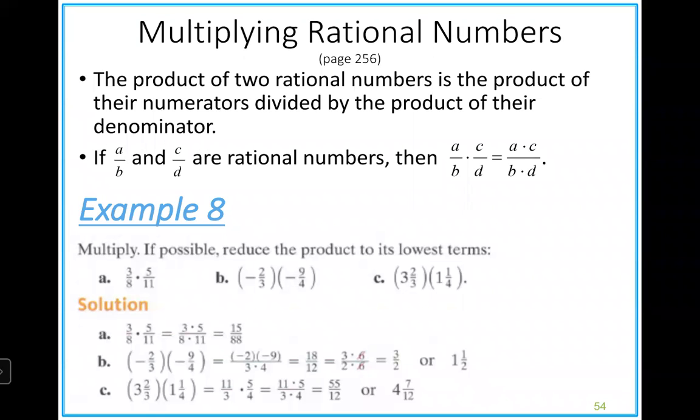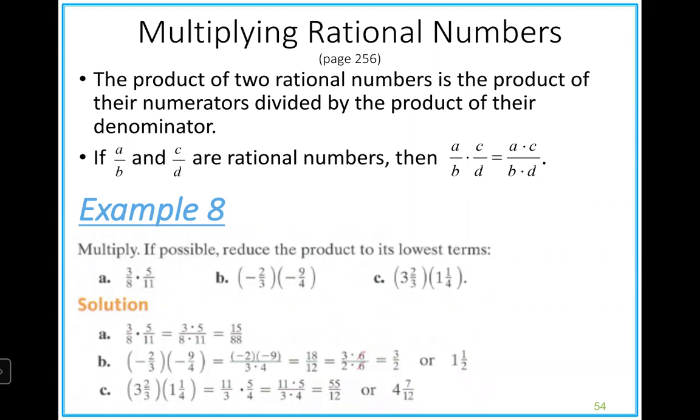The product of two rational numbers is the product of their numerators divided by the product of their denominators. I have a few examples. The first one, A, says 3/8 times 5/11. If you have to multiply two fractions, you multiply the numerators, you multiply the denominators. Sometimes you can simplify it.